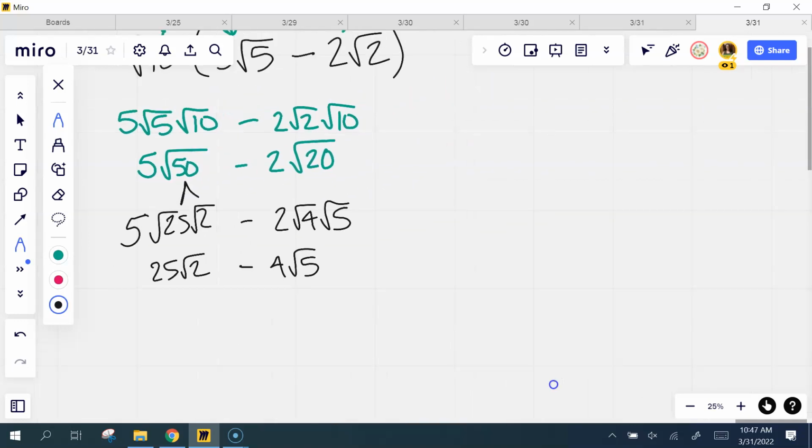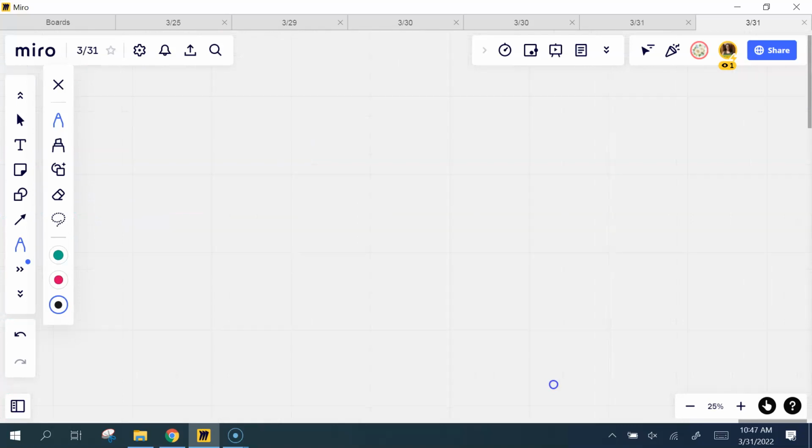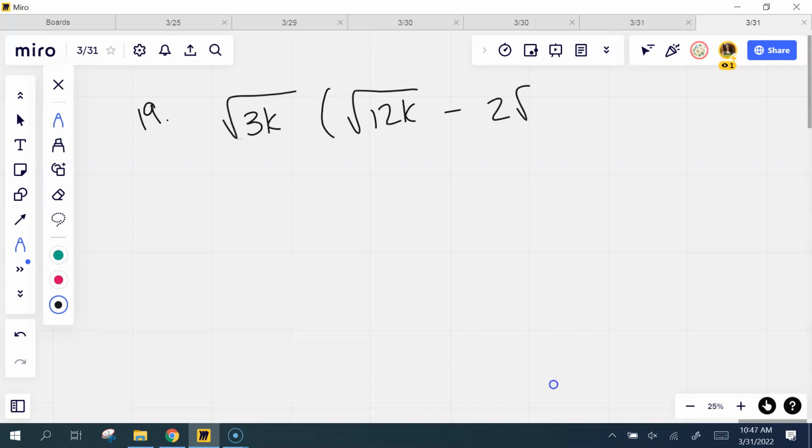Let's do 19. It looks the hardest. Distribute, absolutely. So I got the square root of 3k times the square root of 12k minus 2 times the square root of 15k squared. Now, I could simplify some of these a little bit first if I wanted to. You don't have to.